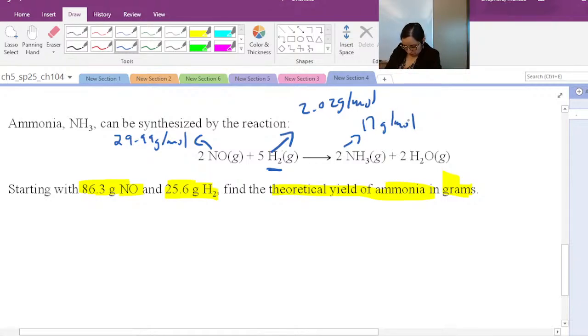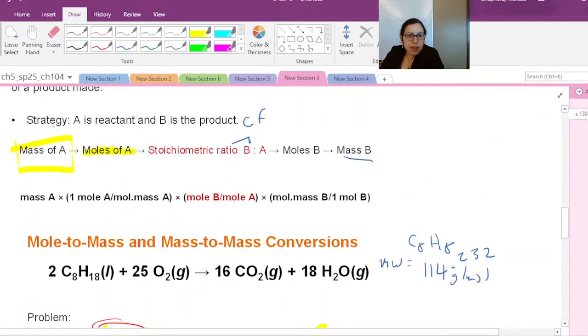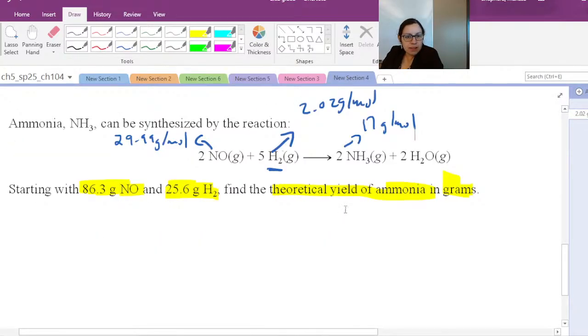All right, we'll probably have to stop there. We'll finish this up on Wednesday and do more practice, but see if you can finish this up at home if you didn't already. I'll point back to this page. Here's your strategy: mass to moles, to ratio, back to moles and mass.